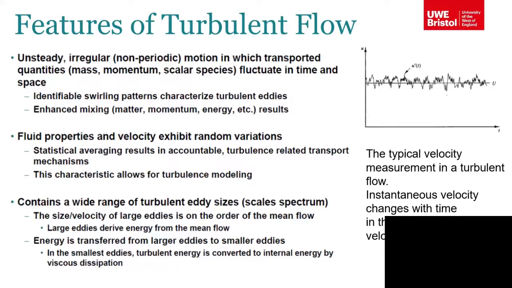If you average it, that should be the straight line again. That means the average of u prime t would be 0, wouldn't it? The mean of u prime t would be 0. So that is what you should understand.